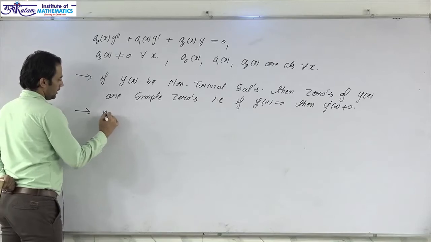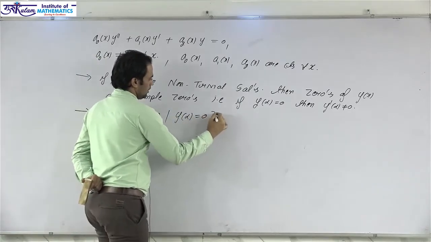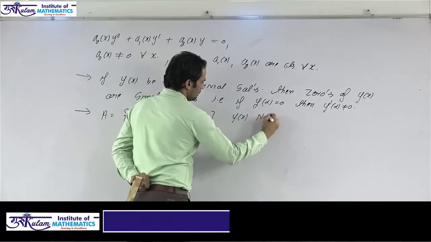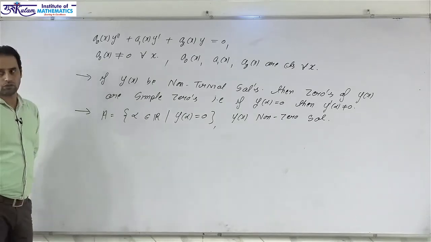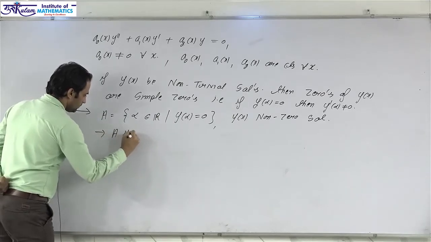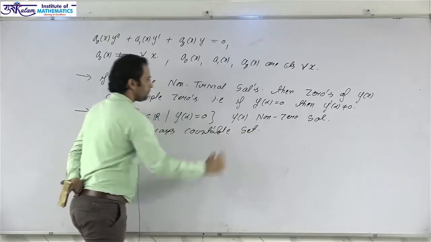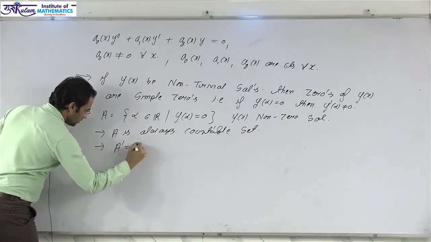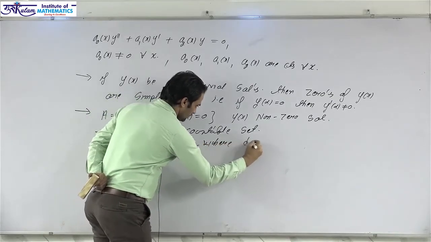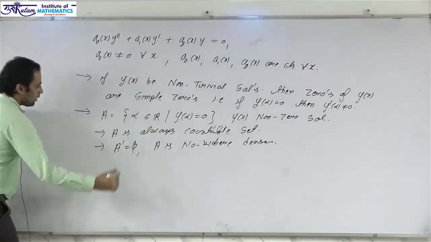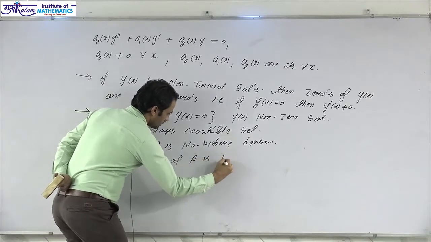Second property: if A is the set of alpha belonging to R such that y(alpha) is 0, where y(x) is a non-zero or non-trivial solution, that is, the set of zeros of any non-trivial solution, then the properties of this set are: A is always a countable set; second, A' is always phi, that is, A is nowhere dense; and every element of A is an isolated point.